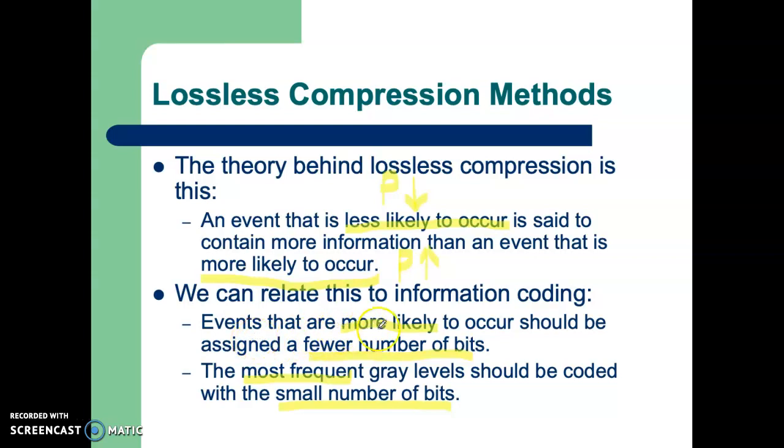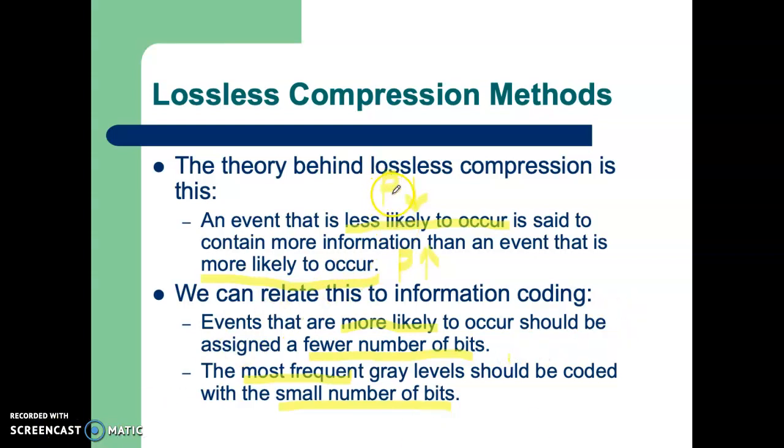More likely, use fewer bits. More likely to occur should be assigned fewer number of bits. The most frequent gray level should be coded with a small number of bits. So this is the same statement.